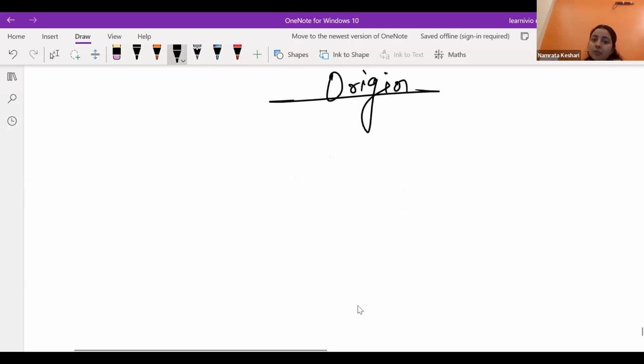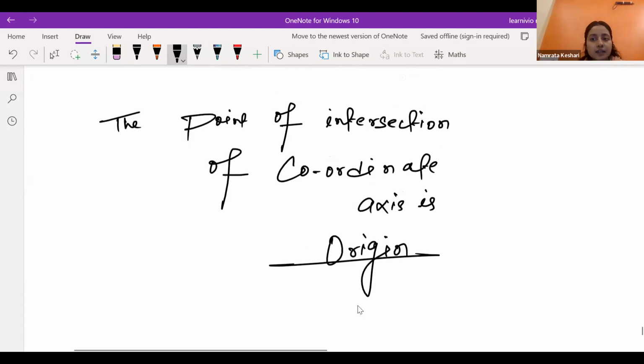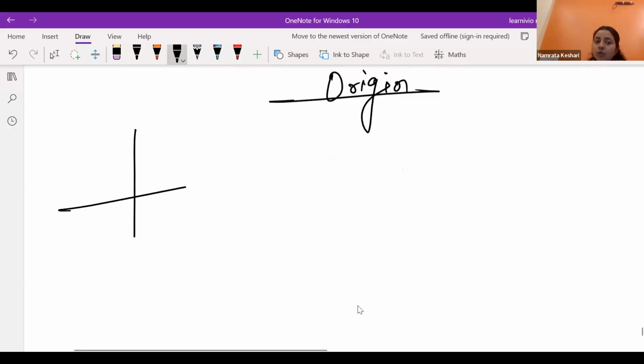The measure of the angle between coordinate axes is 90 degrees.